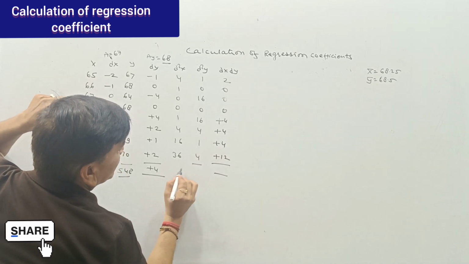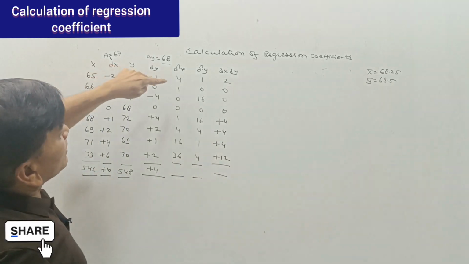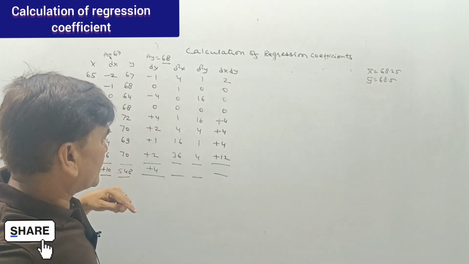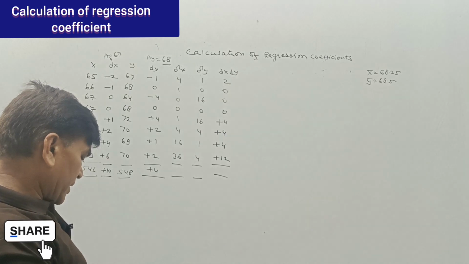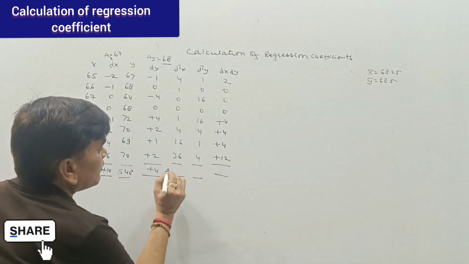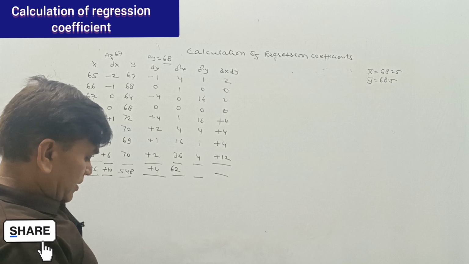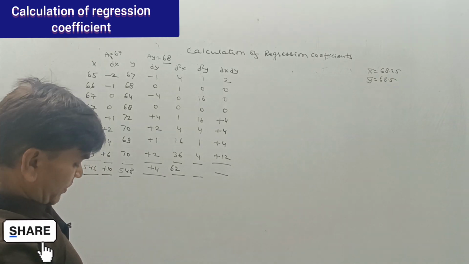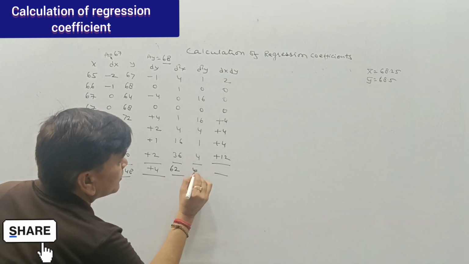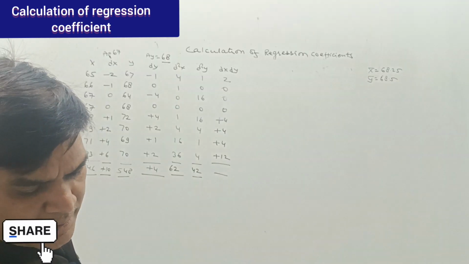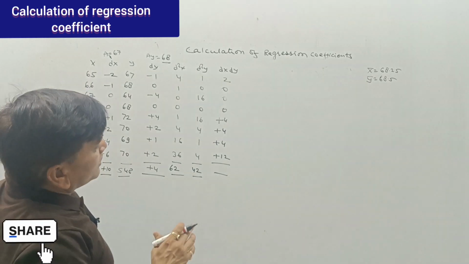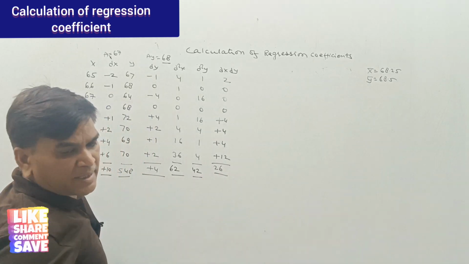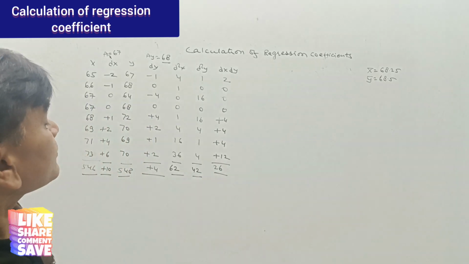So we calculate all these totals. Sigma d square x is 62, sigma d square y is 42, and the last value, sigma dx dy, is 26.